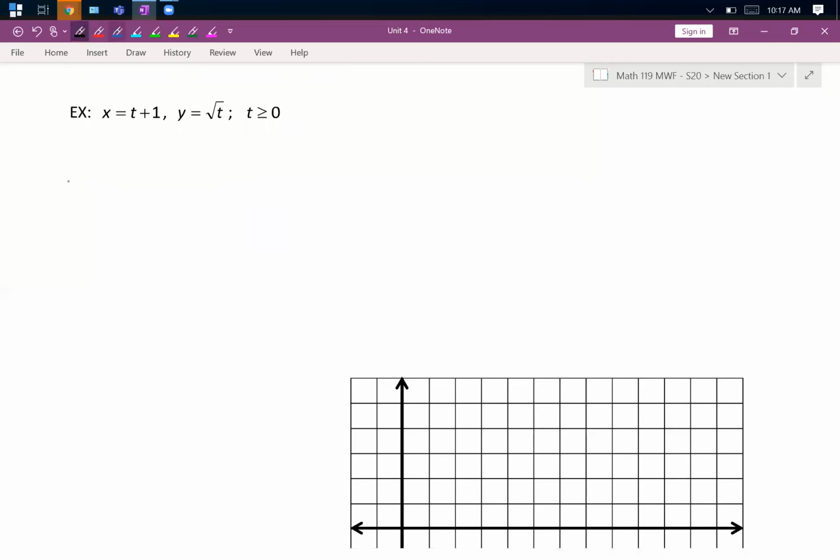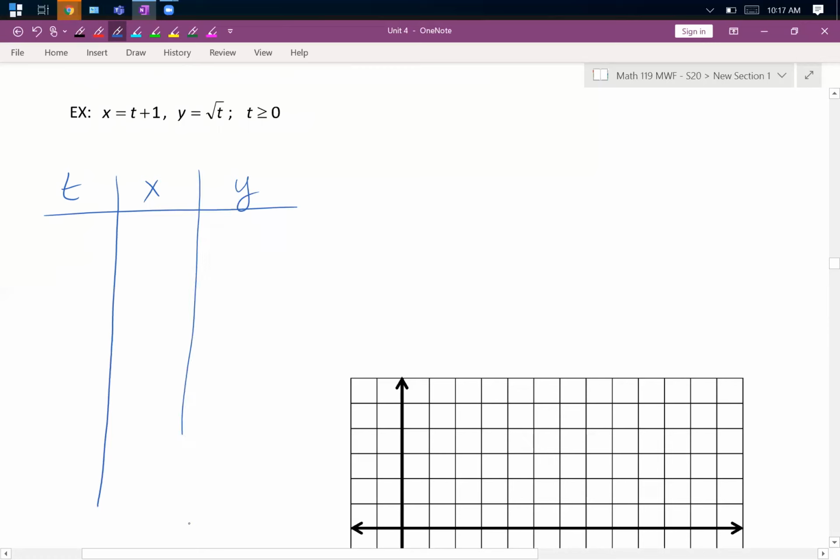We're going to make our t, x, y chart. So our t starts at a specific number, but does not stop at a specific number. So I'm definitely going to start with t equals 0, but then I can choose whatever I want bigger than 0. I want to choose numbers that are going to make my life easier.